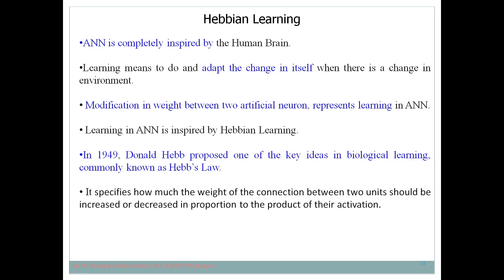In this case the understanding is that if an object is hot, you don't touch it, or if you touch it, you take your hand away. That means you have adopted a change in yourself when there is a change in the environment.